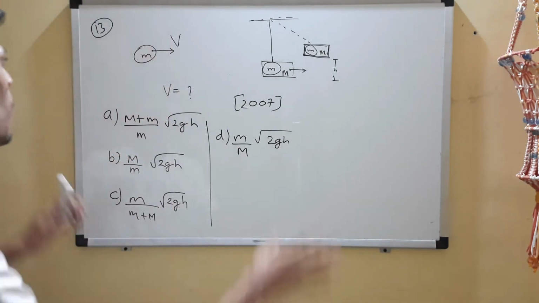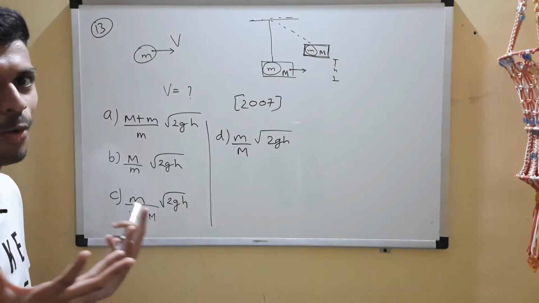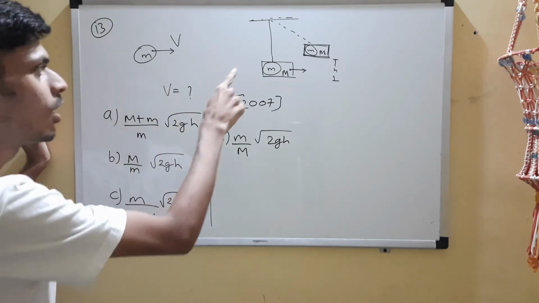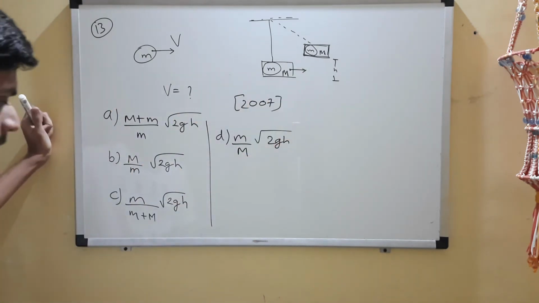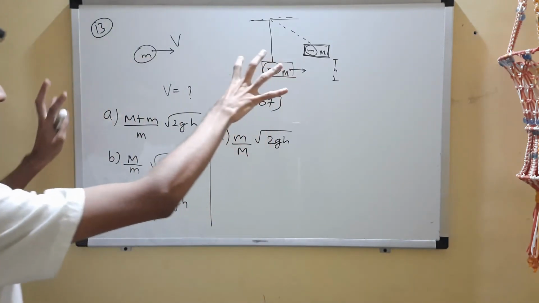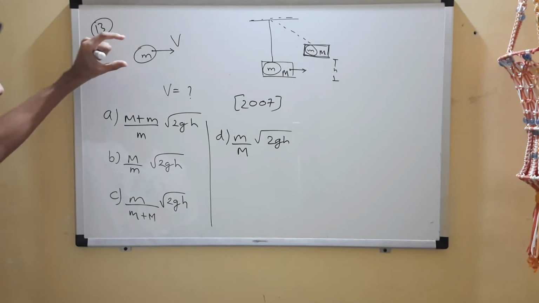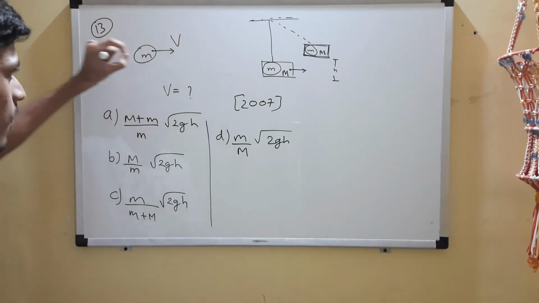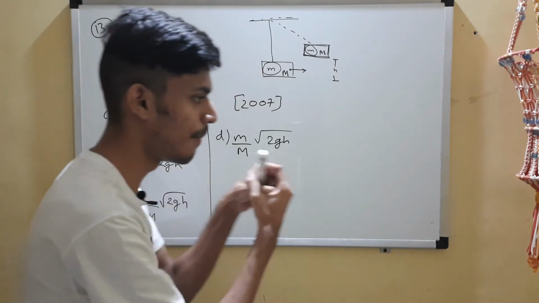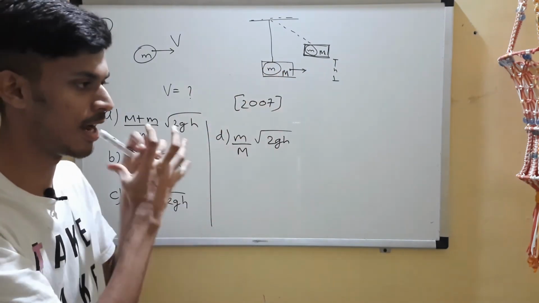Some of you might directly apply conservation of energy and will go wrong, because you cannot conserve energy over here. Why can't you? Because you can see an inelastic collision happening. The mass m is coming with velocity v, it strikes and gets embedded into the capital M mass, and they move together.